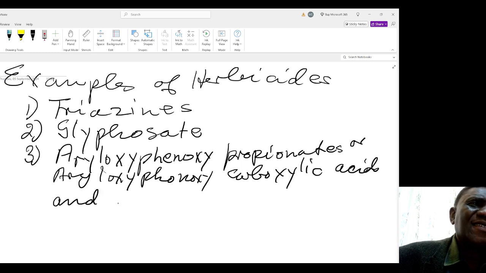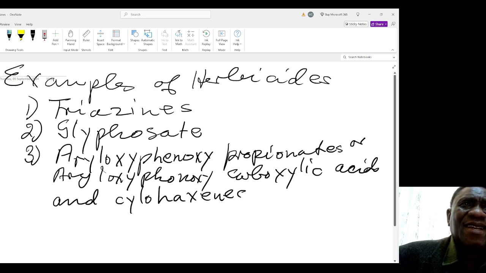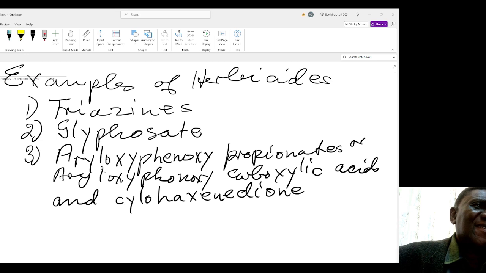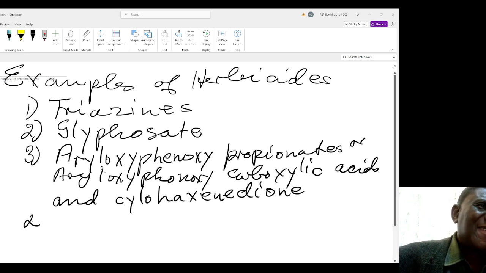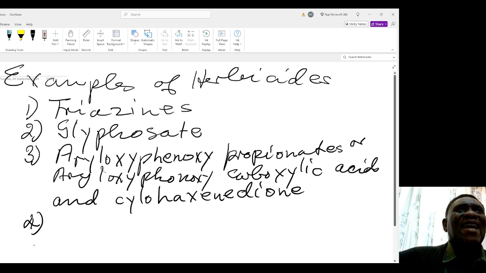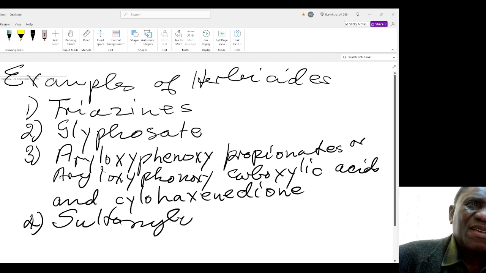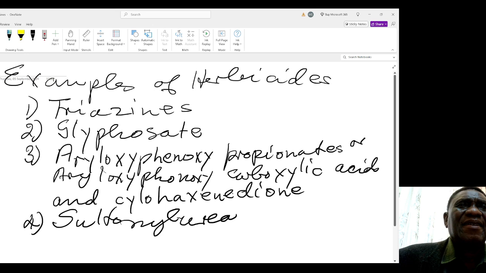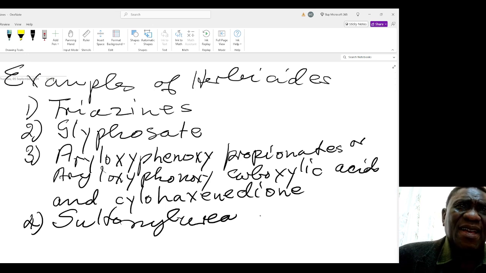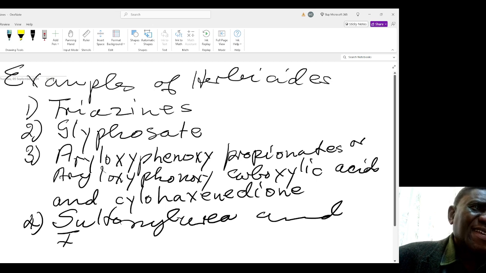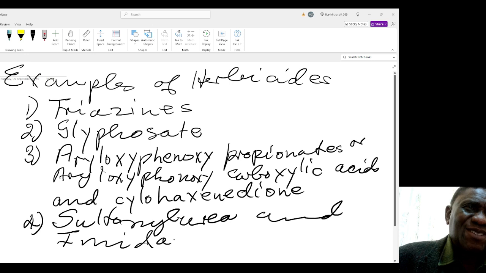And cyclohexene dione, long names. The other ones are sulfonylurea, urea, and imidazolinones.